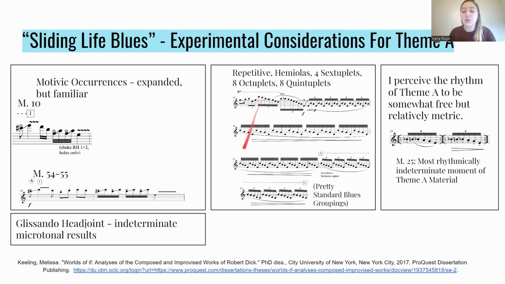This is the general transcription that Keeling did, by the way. So I have her credited down here. It's straight out of her dissertation. He actually is quite a bit freer with these moments, but there's no good way to notate that that's functional.